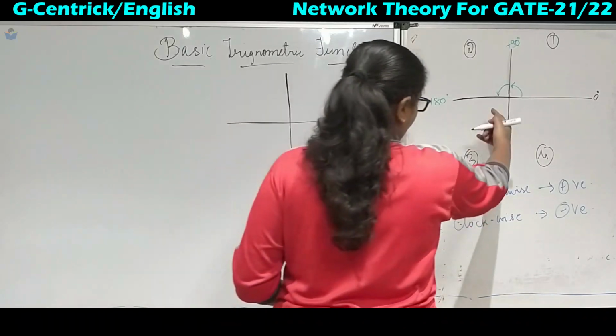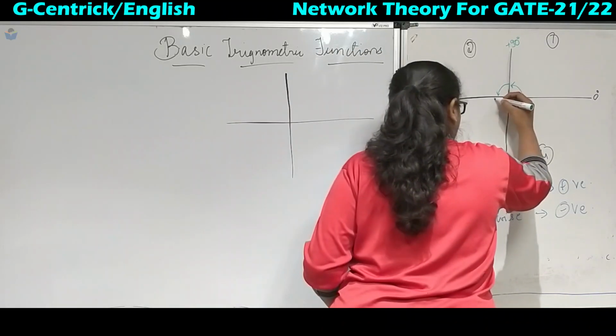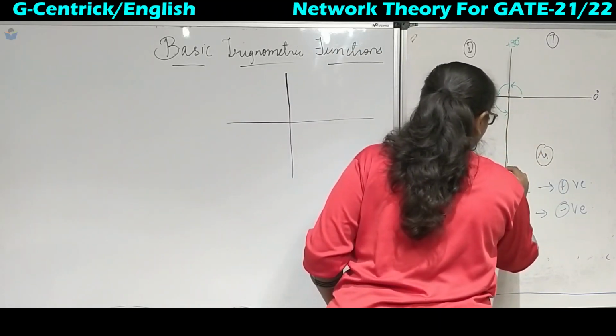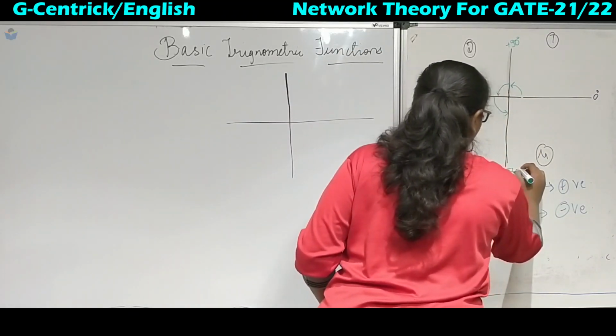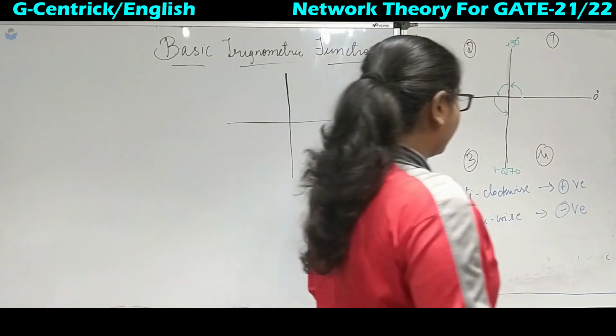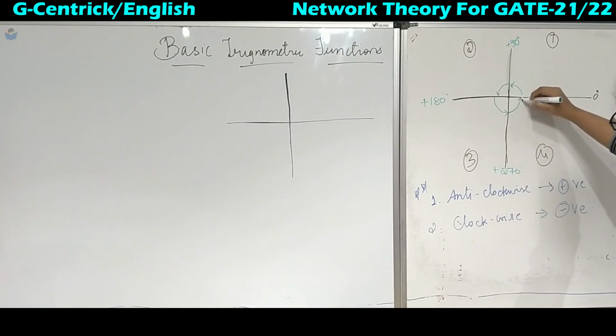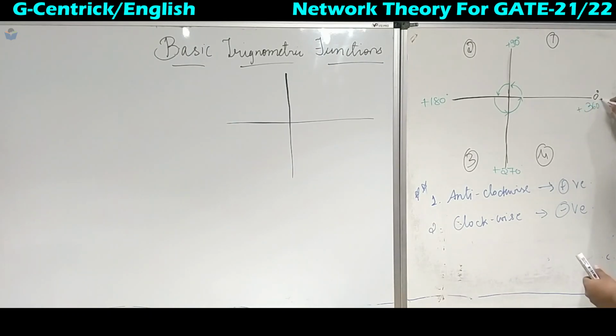Okay, now I will move again 90 degrees in an anti-clockwise direction, so I will get plus 270 degree, adding 90 to this one. Then again if I move in the anti-clockwise direction, I will be getting plus 360 degree. So this 0 degree is the same as 360 degree.